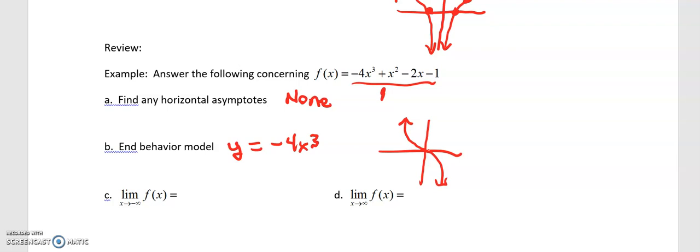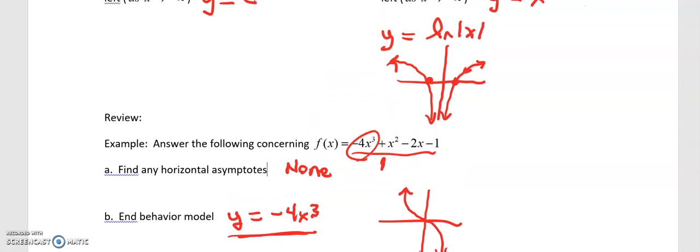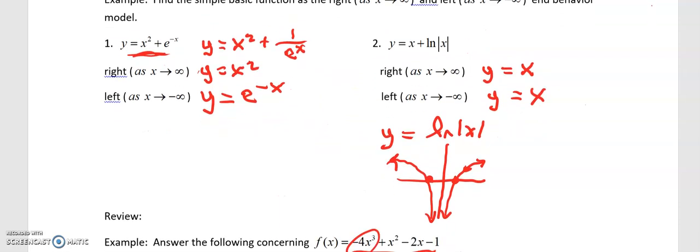But since we're looking out at negative and positive infinity, we can use the model just to worry about what's happening as we put in large positive or negative numbers for x. This term will control the entire function as opposed to the smaller powered monomials that are part of the polynomial.